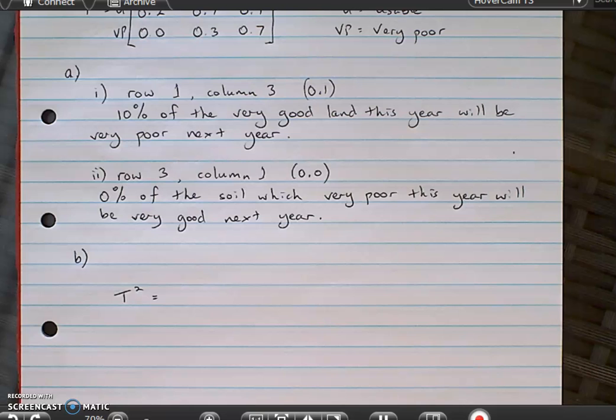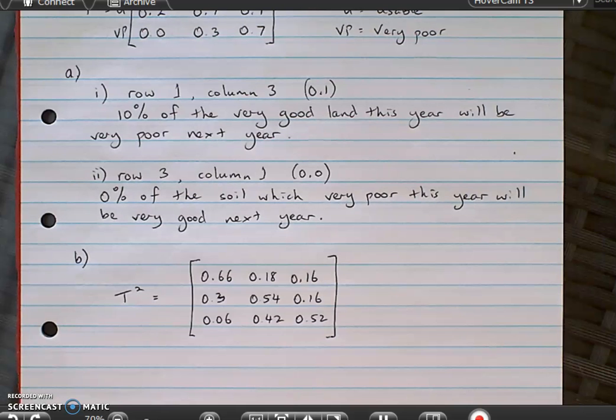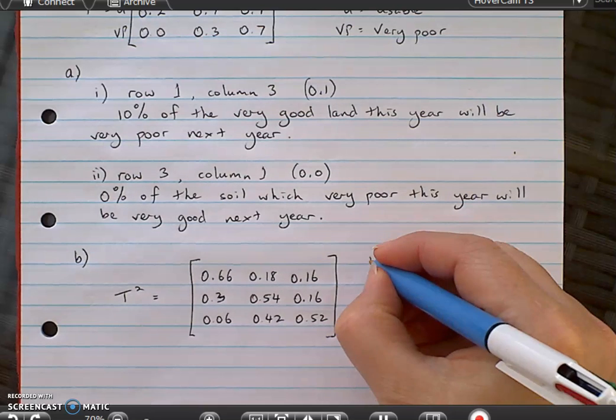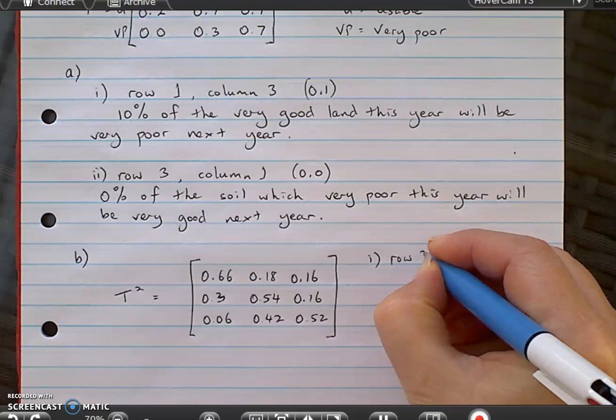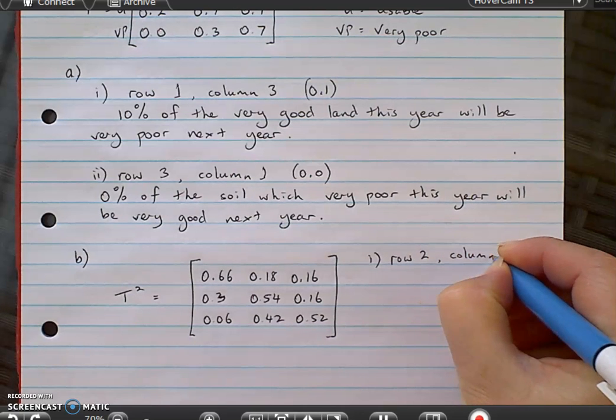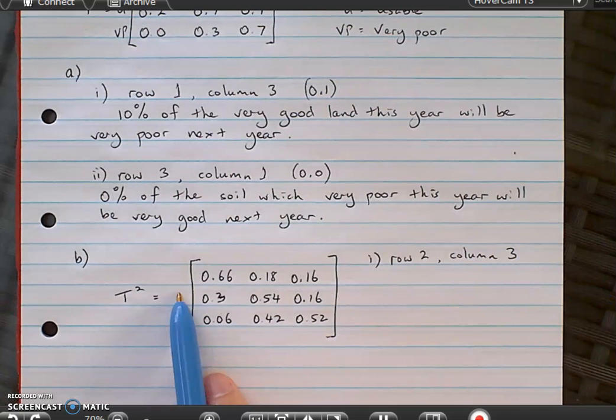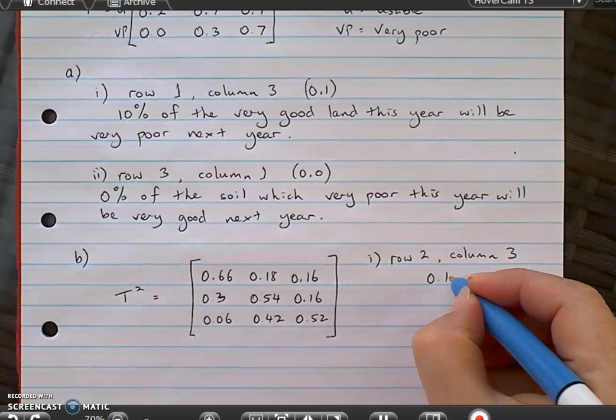Question B is asking you to find T squared and state the meaning of the number in row 2, column 3 and row 3, column 2. So we'll find T squared. Using the calculator, make sure you just square it and also double check that all your rows add up to 1.0 or 100%. So we're looking at row 2, column 3, which is 0.16.